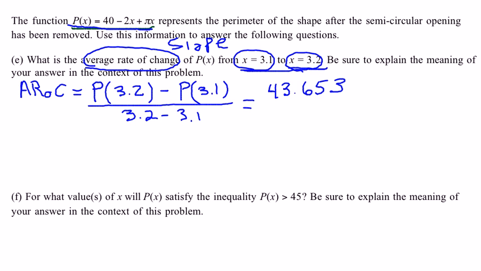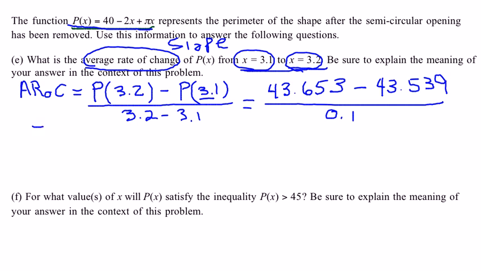Likewise, I'm going to plug in 3.1 for every value of x in the function p of x, and I will get 43.539. I'm dividing by the difference between 3.2 and 3.1, which is 0.1.